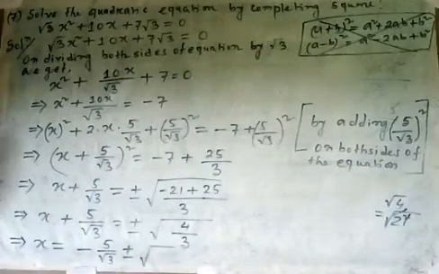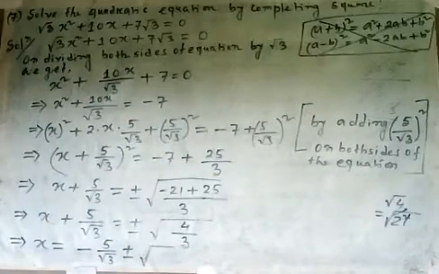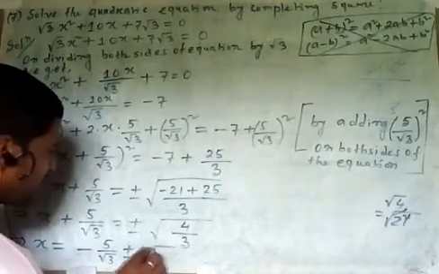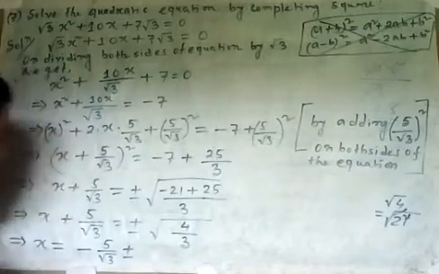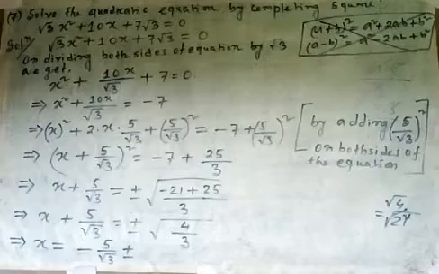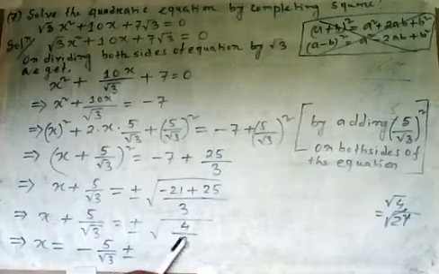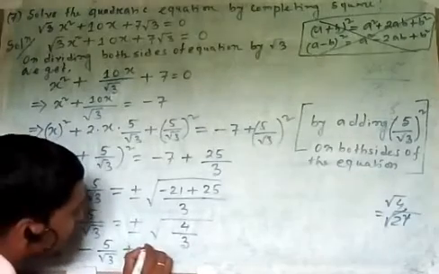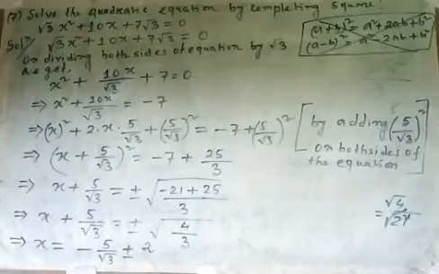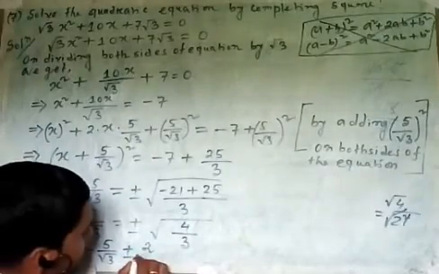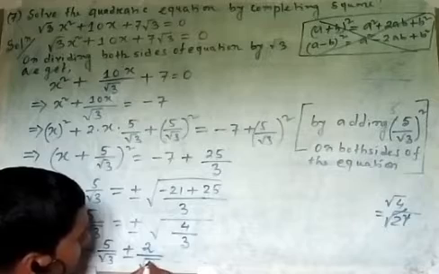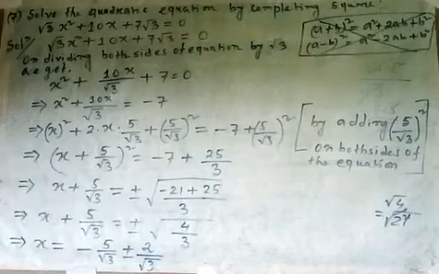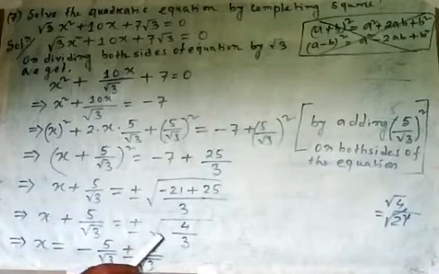It means only 2 remains. So root over 4 by 3: root over 4 means we can write 2, and root 3 is root 3.